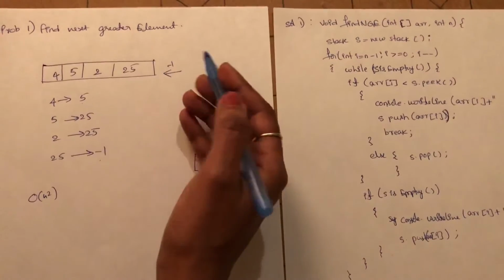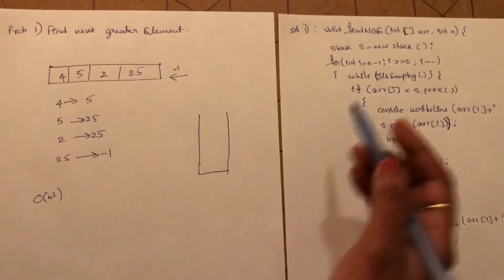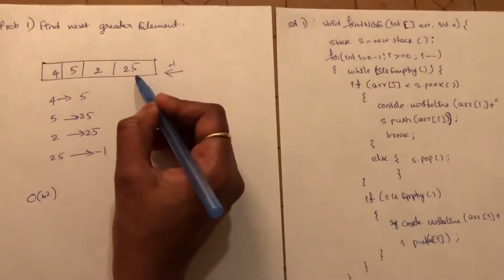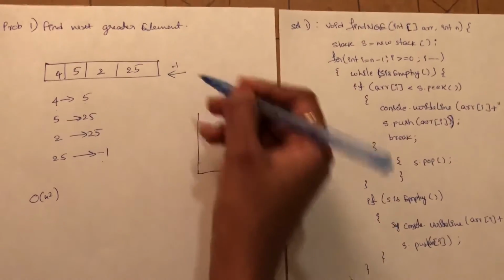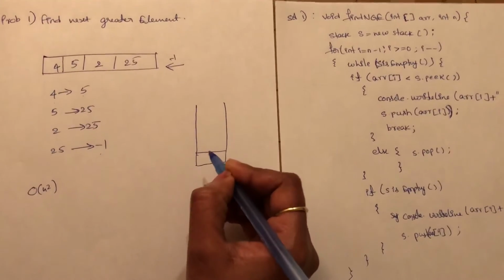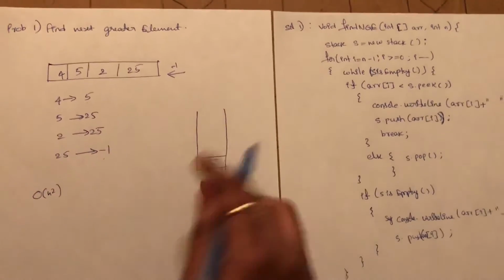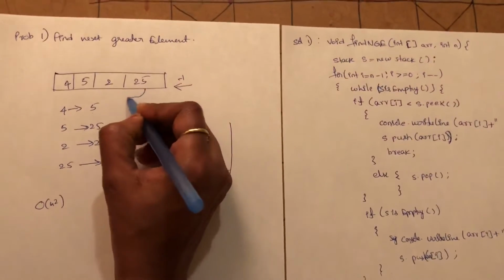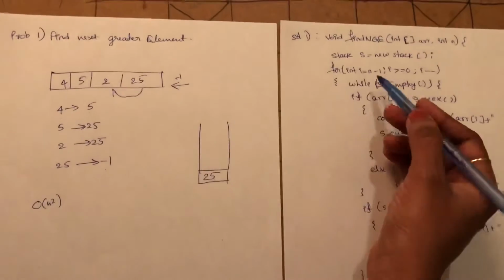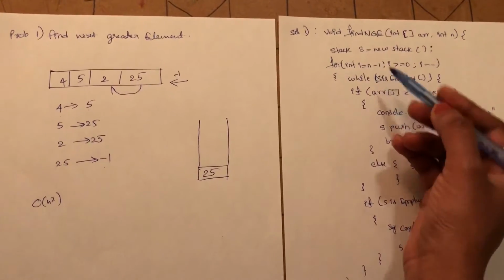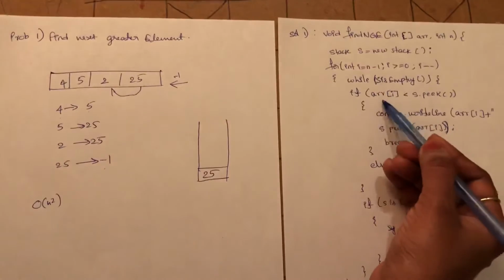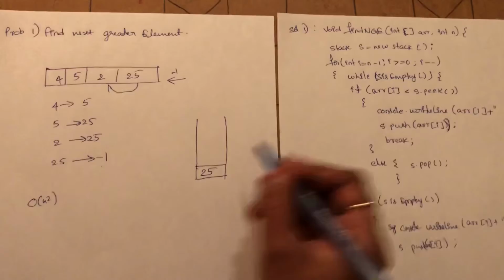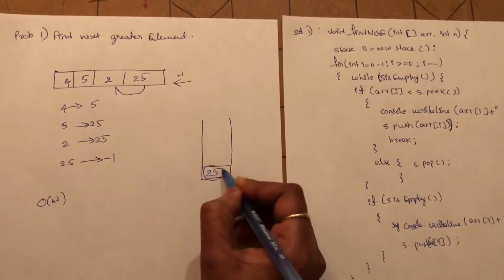For example, now the stack is empty, so it takes i equal to n minus 1, the element is 25, and it pushes that element into the stack. The iteration moves to the next element. For this element, it checks array of i against stack dot peek, which means the topmost element of the stack.